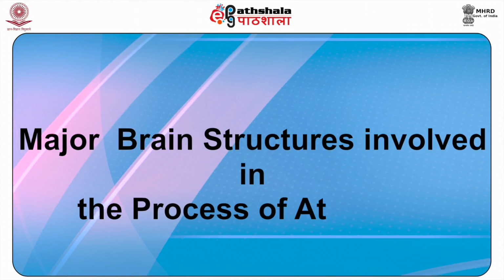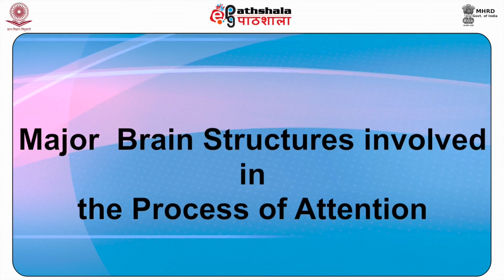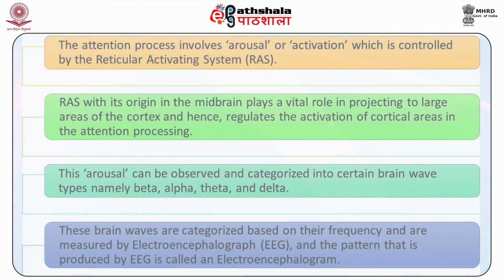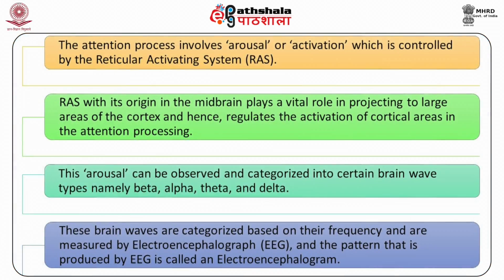Major brain structures involved in the process of attention. The attention process involves arousal or activation, which is controlled by the reticular activating system. RAS, with its origin in the midbrain, plays a vital role in projecting to large areas of the cortex and hence regulates the activation of cortical areas in attention processing.